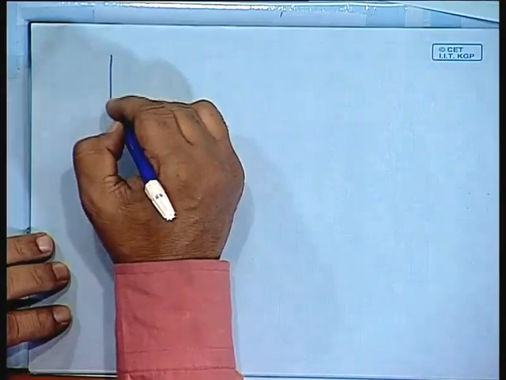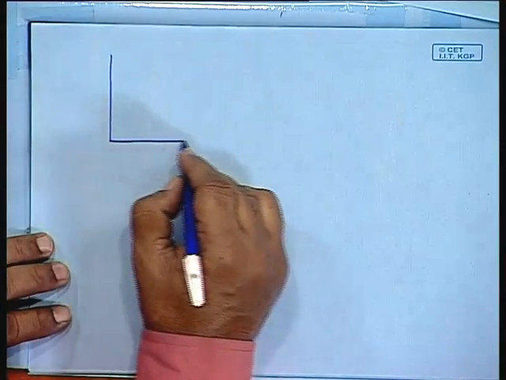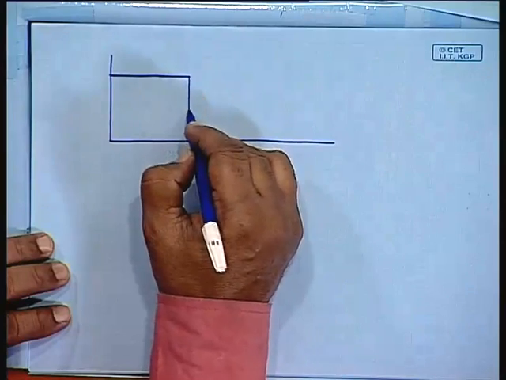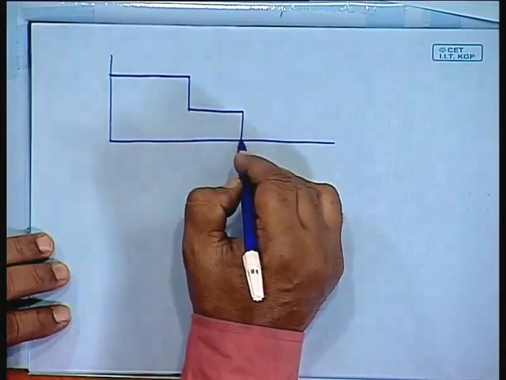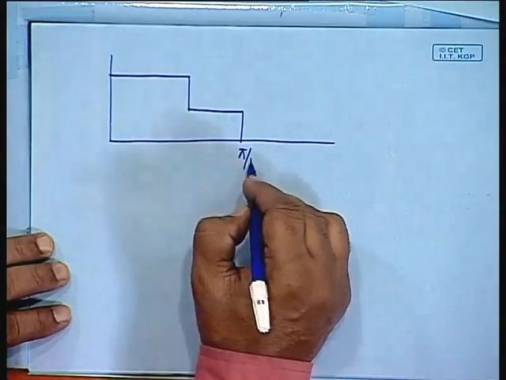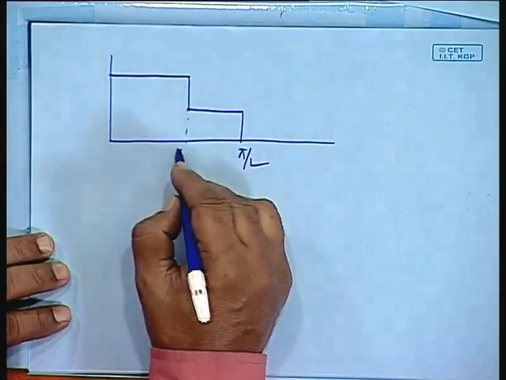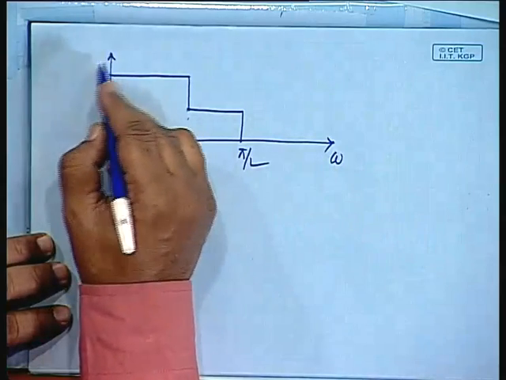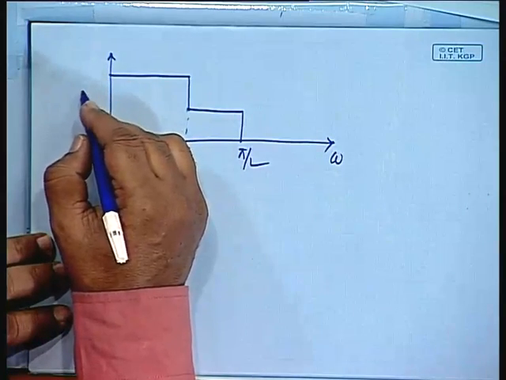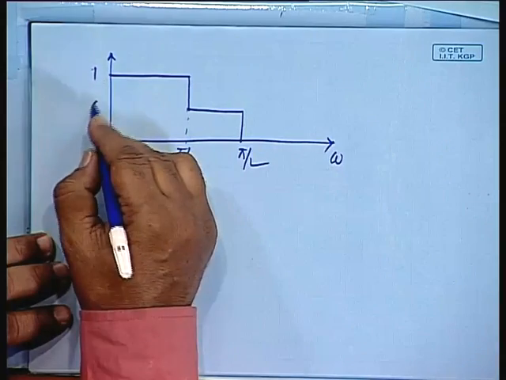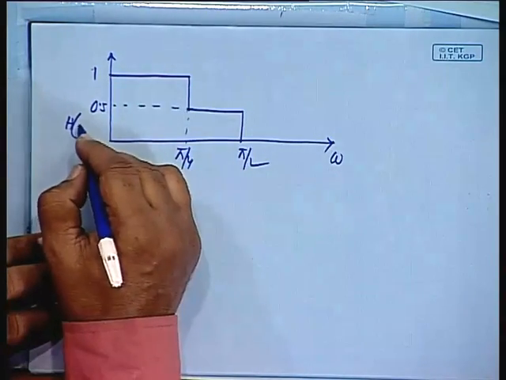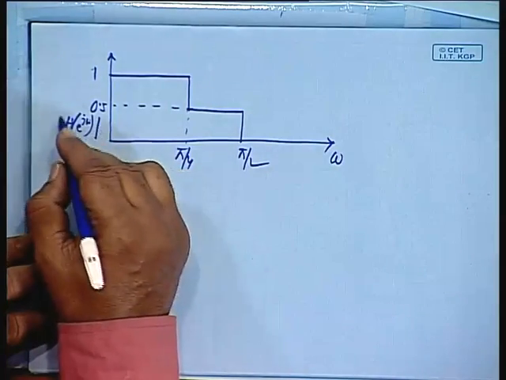Next, you are asked to design a very simple FIR filter, with magnitude 1 and 0.5.